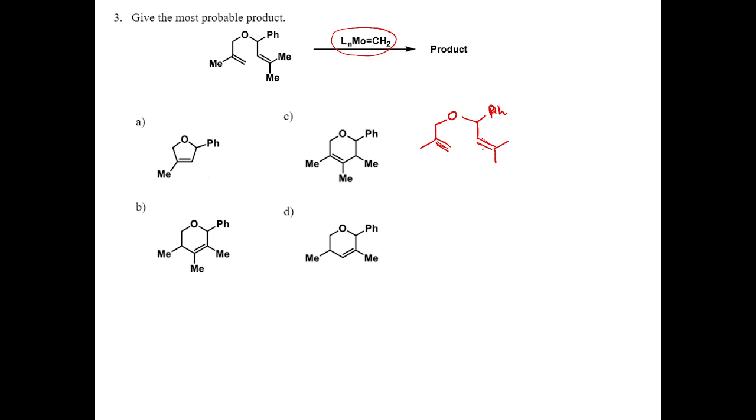So different factors play a crucial role here, right? If you compare these two things, you will find that the electron density of this center is much more because three alkyl groups are there, but here the two hydrogens are there, so the electron density of this center is much less, right?